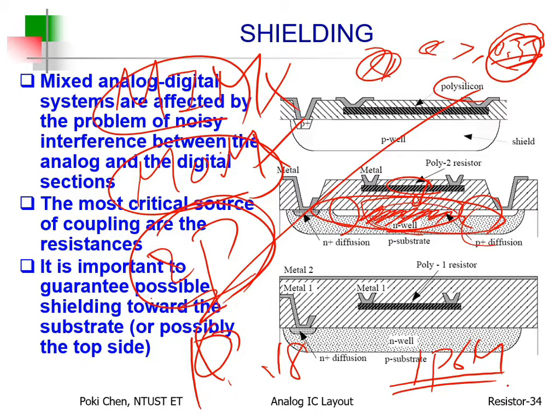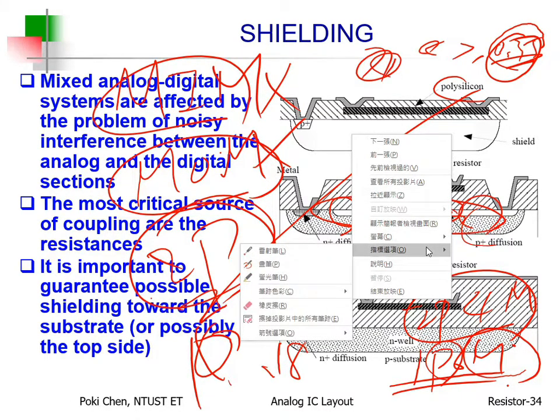And how about 0.35? We call it 2P4M. Okay, double poly and 4 metal layers. According to the naming of the process, you will know how many layers for poly, how many layers for metal. Okay? Yeah, let's go further.